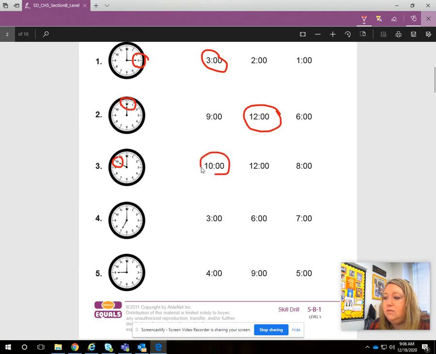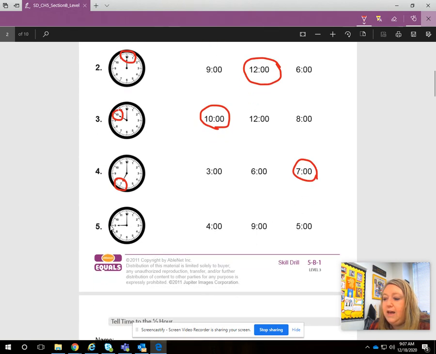I'm going to circle 10 o'clock. On number 4, the little hand's pointing to the 7. So I'm going to find 7 o'clock. And lastly, on the bottom, we have a 9 o'clock. So I'm going to circle the 9 o'clock.